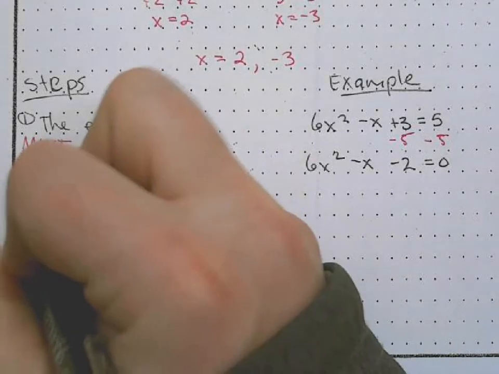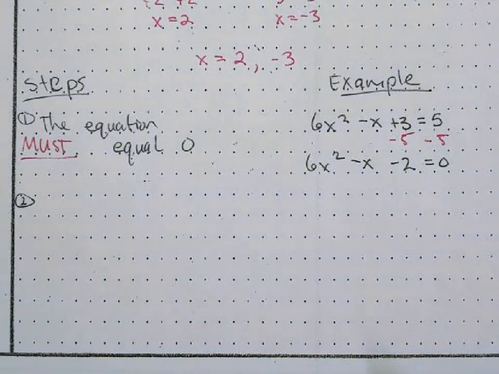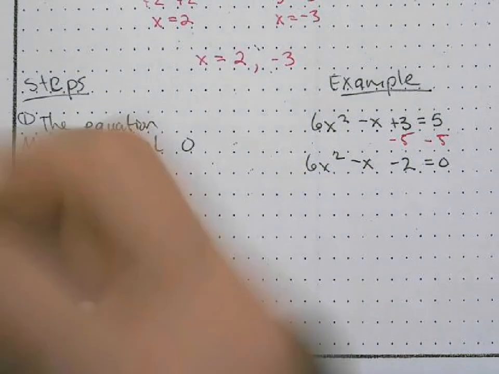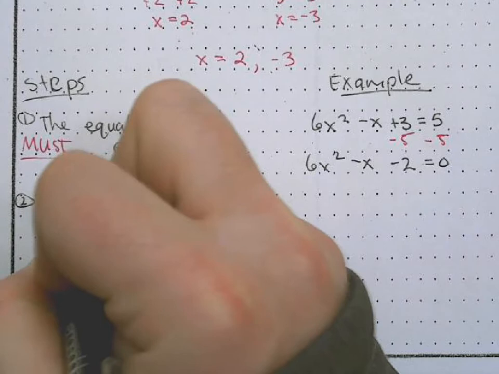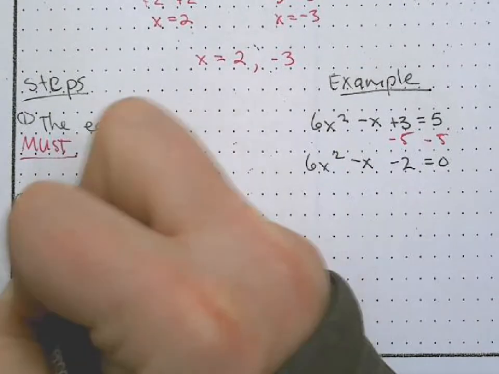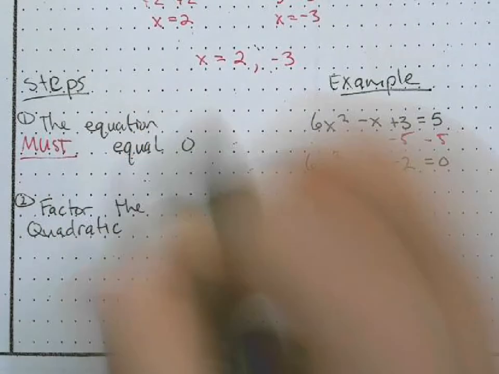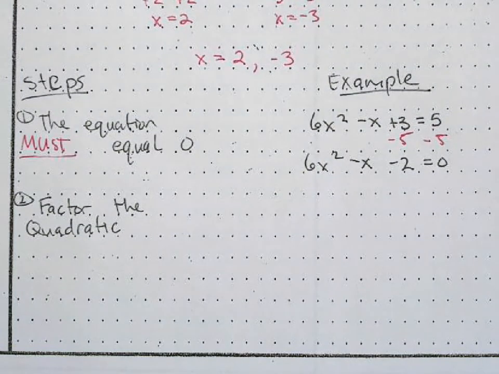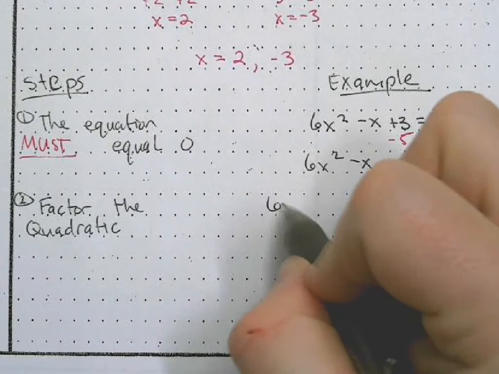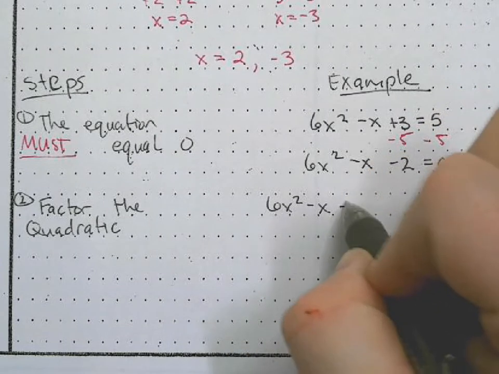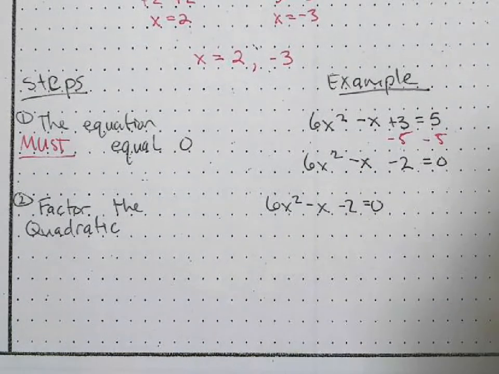Step 2 is factor the quadratic. So we have our quadratic, 6x squared minus x minus 2 equals 0.